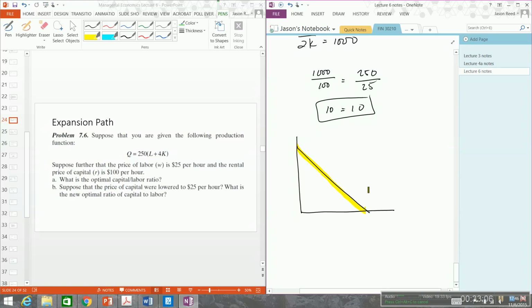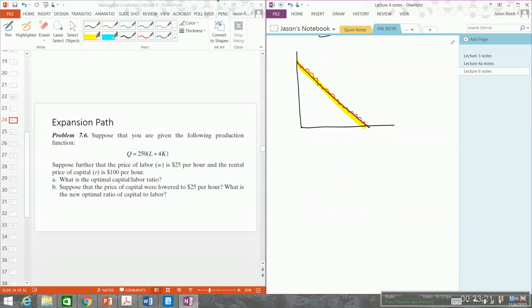It would look like this. They would overlap on each other. And so if that's true, then every point on this line is going to be efficient. So it's interesting. It's a little bit different here than what we've seen before, but I think it's a good exercise.